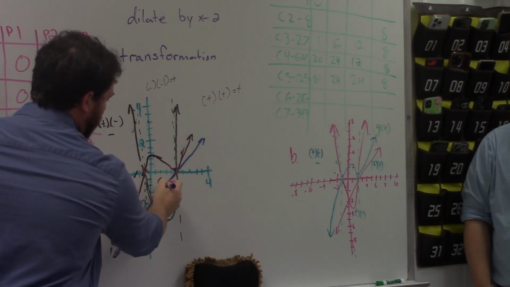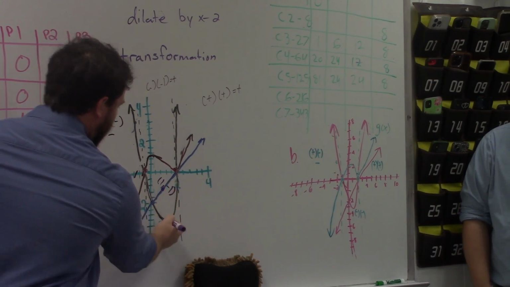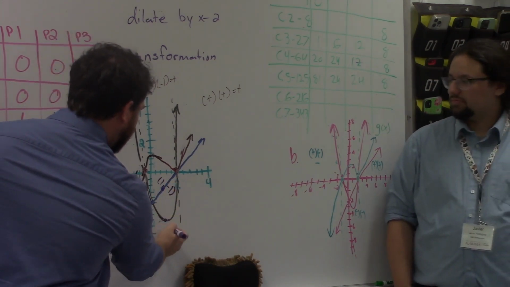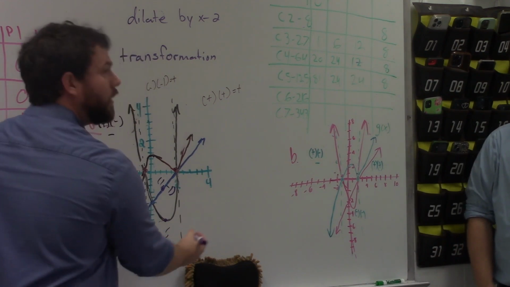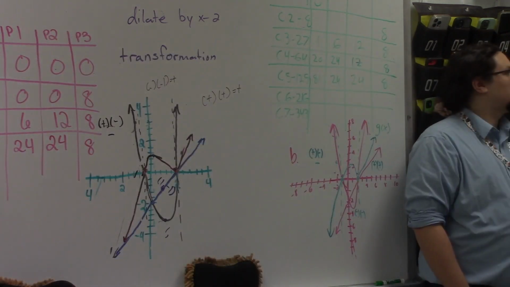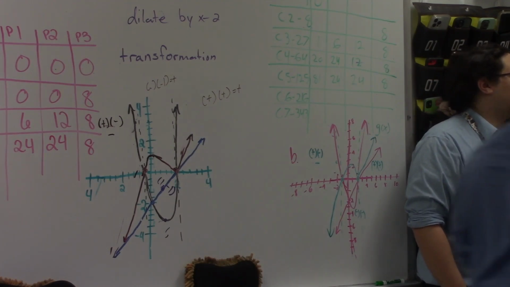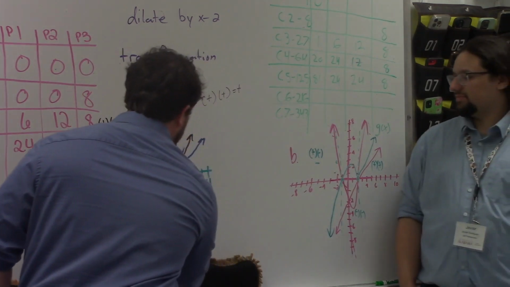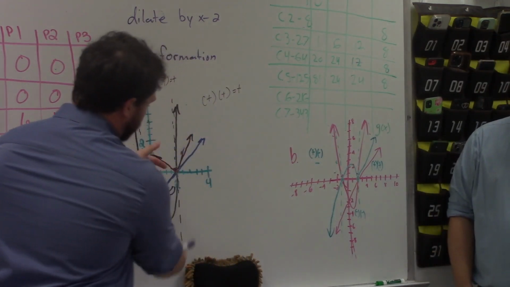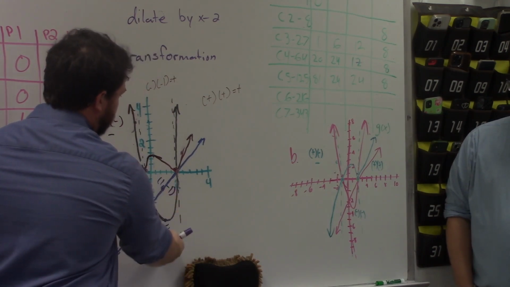I think this is the point 1, negative 1. And I'm going to estimate this point right here to be 1 comma, can we tell up there? 1 comma negative 3. So if we're literally multiplying those y values, what's negative 1 times negative 3?